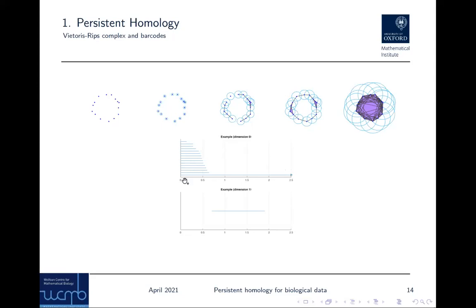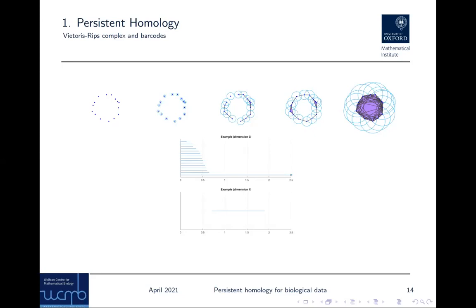And initially, you can see that you have 15 separate bars. And then as we increase the radii, some of the bars start to die because some points start to be connected to other points. So the connected components merge, and so one of them dies and the other gets to live on. And this happens until we have one connected component when all the points are connected in one single component, which then lives until the end of the filtration.